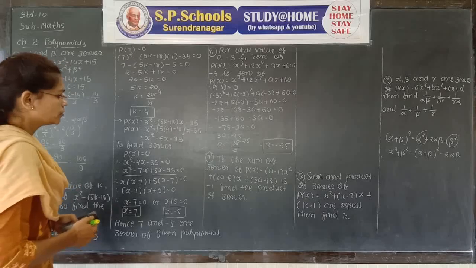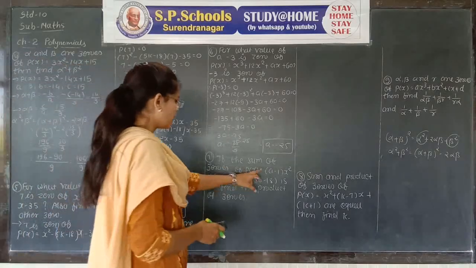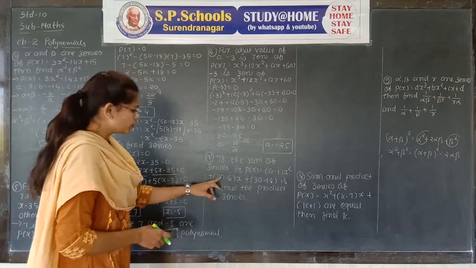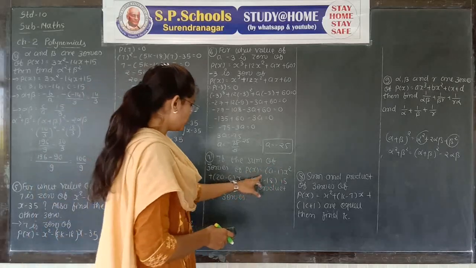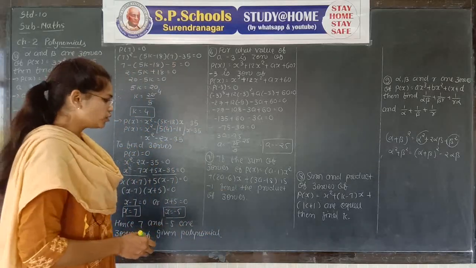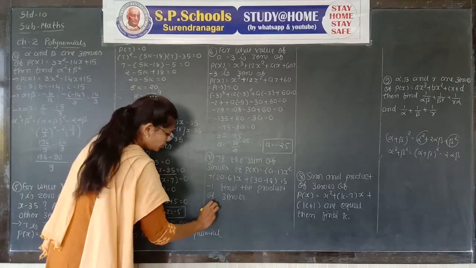Now the next, seventh number. If the sum of zeros of P of x is equal to a minus 1 x square plus 2a minus 6 x plus 3a minus 18 is minus 1, then find the product of zeros. First of all, the polynomial is given.